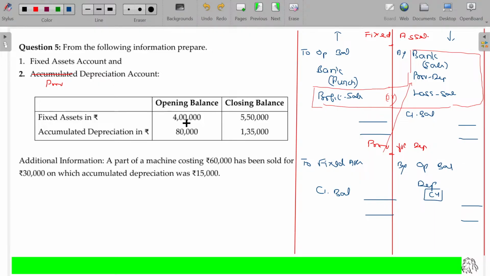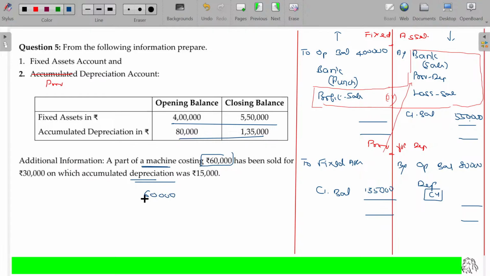Now, fixed assets, opening and closing balance. I just now post all the available information as per the format here. 5 lakhs, 50,000. Accumulated depreciation in the beginning 80, in the end 1,35,000. Additional information: a part of machine costing 60 has been sold for 30, for which accumulated depreciation was 15.